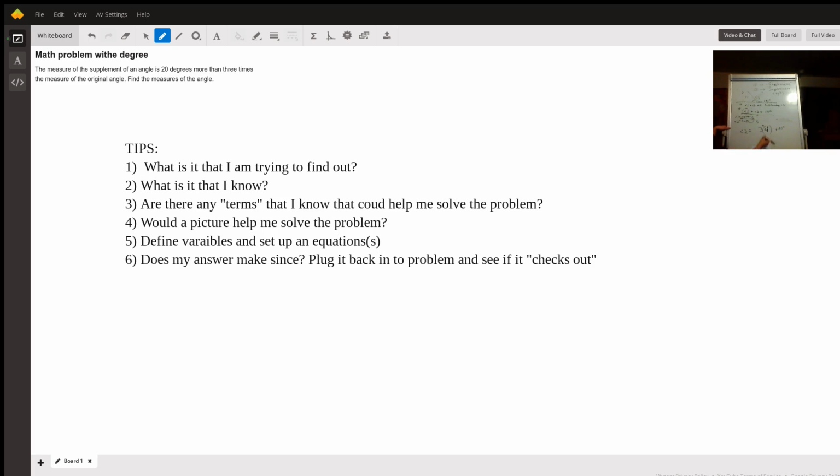If you need to, you can also say that angle 1 is equal to O for original, or angle 2 is equal to S for supplementary. I dabbled with that, and I kept getting myself mixed up, mistaking the O for a 0.